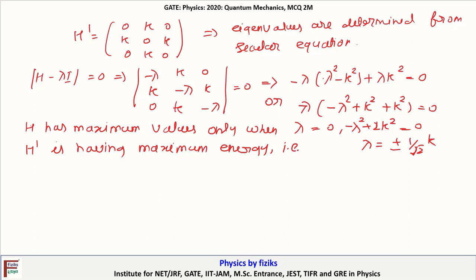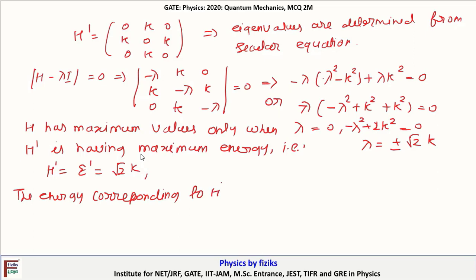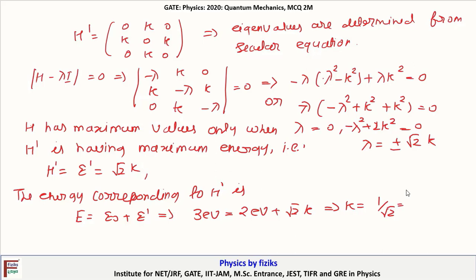That means the energy corresponding to H dash, E dash, should be root 2 K. So the energy corresponding to H is E equals E0 plus E dash, which implies 3 eV is equal to 2 eV plus root 2 K. This implies K is equal to 1 by root 2, which equals 0.707.